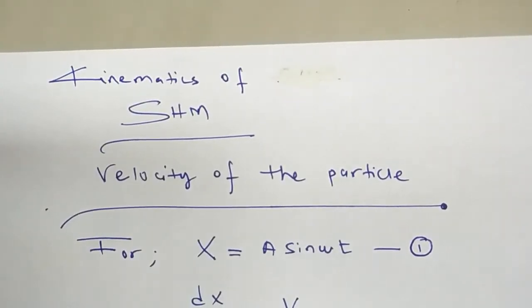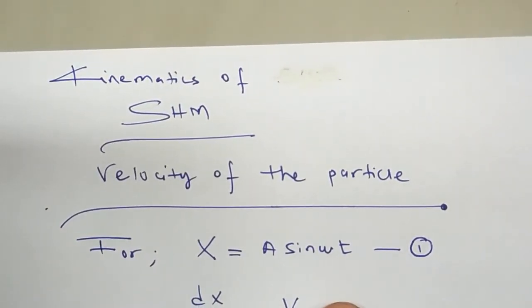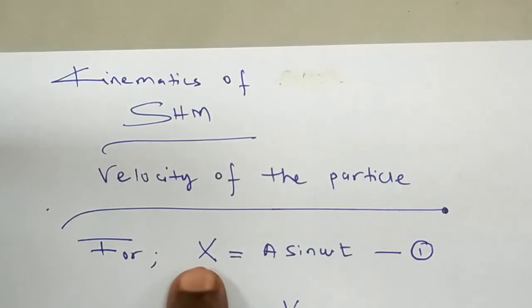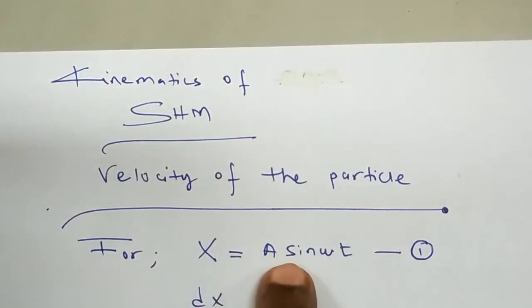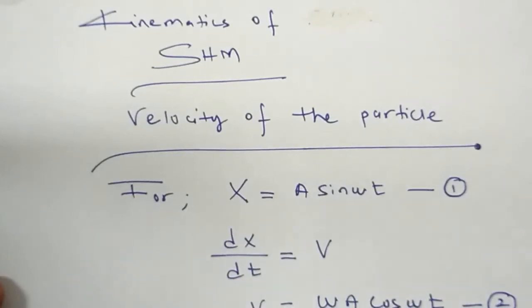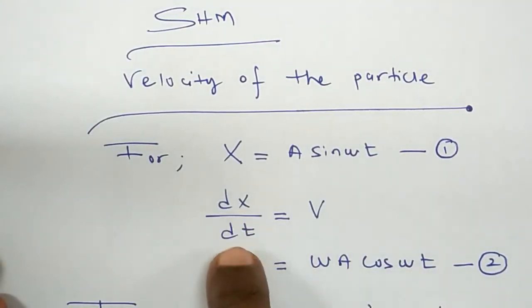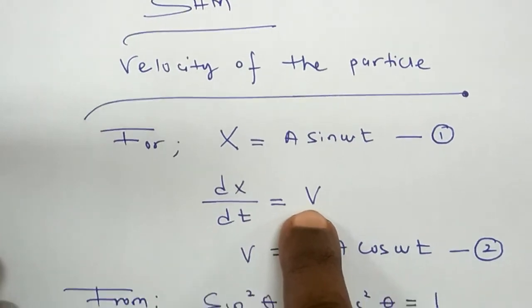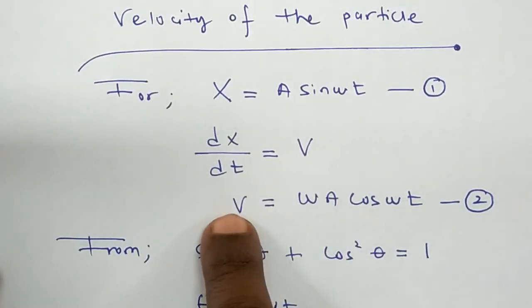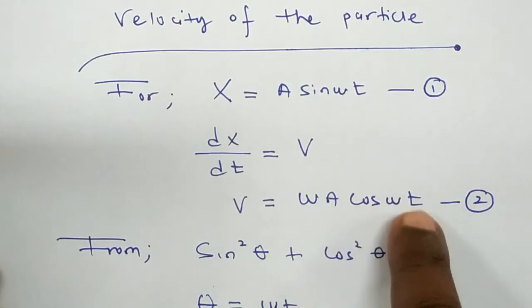For velocity of the particle, when the particle is at the point of equilibrium, x equals a sin omega t. Take it as equation 1. When we differentiate x with respect to t, dx over dt equals velocity, you will get v equals omega a cos omega t.